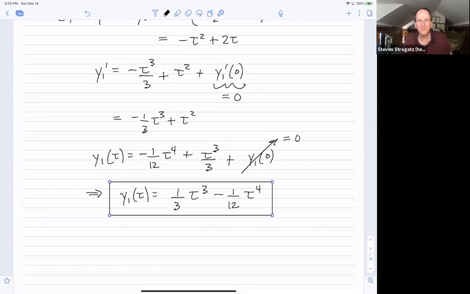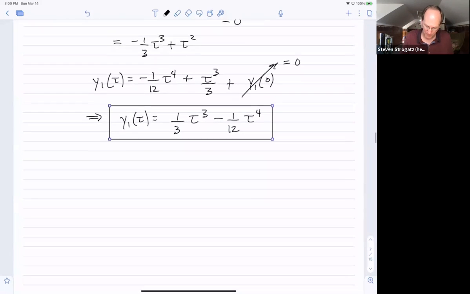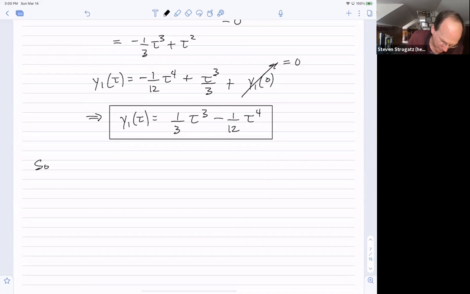Okay, still with me on that? All right, good. Okay, you can see perturbation theory involves a lot of writing. Often you would do this in the computer in Mathematica or whatever, but obviously I just want to show you the steps this time through. All right, so now we can put everything together and get our answer. Our classical solution for the altitude plus the first correction term is Y0 plus epsilon Y1, plus the stuff we neglected.